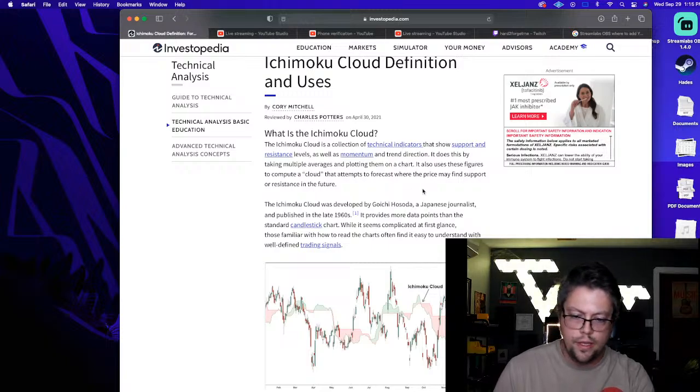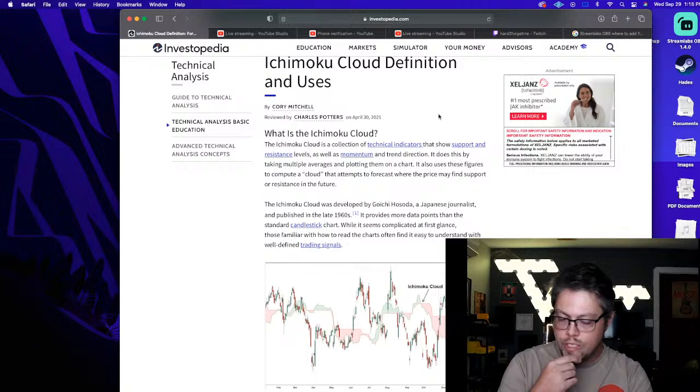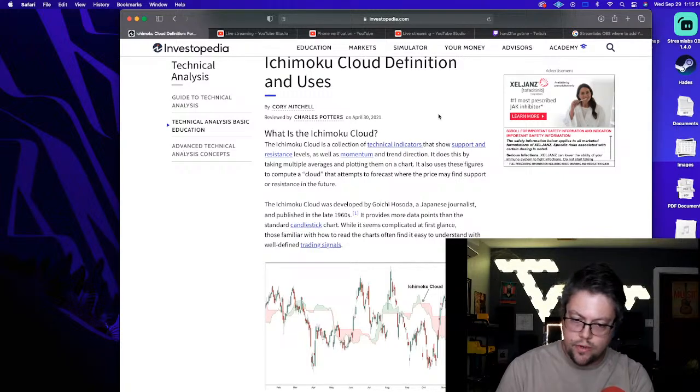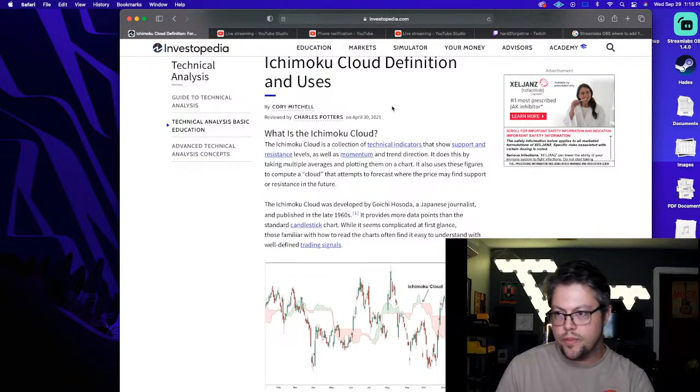So that's the first really cool thing about it, is that it's one of the only indicators that I've come across that does kind of like future prediction based on how its little cloud is set up, and that's pretty cool. I'm sure you have to be using the right time frame and doing everything in a specific manner for it to work properly.